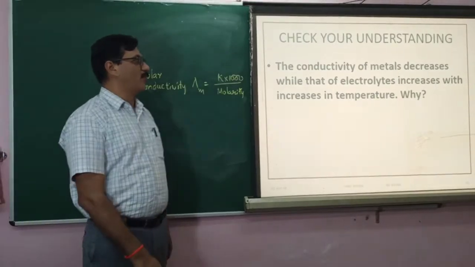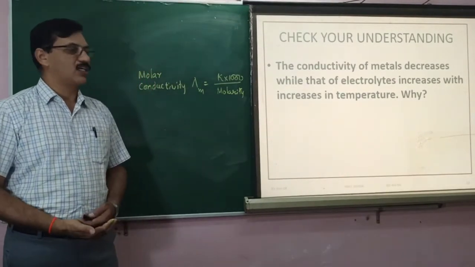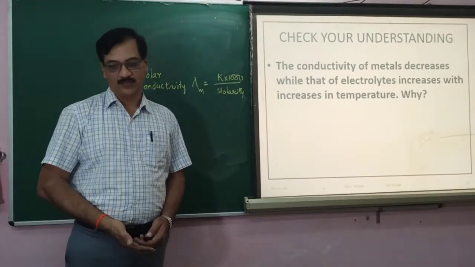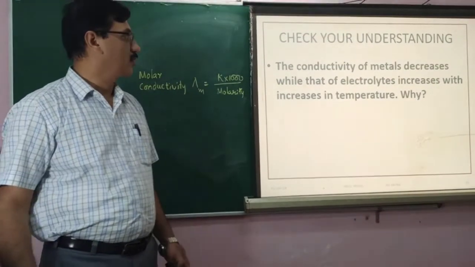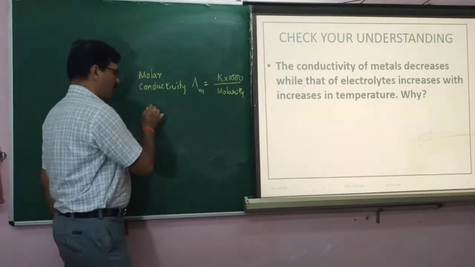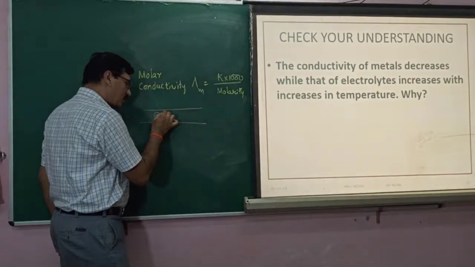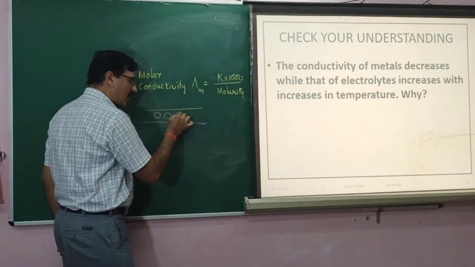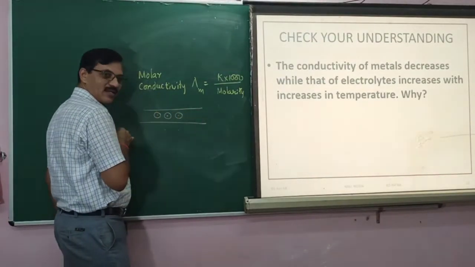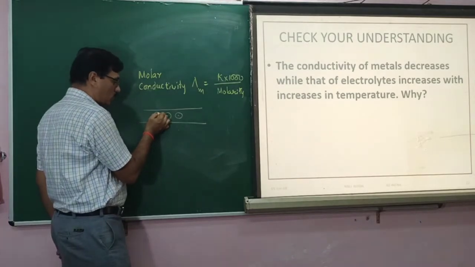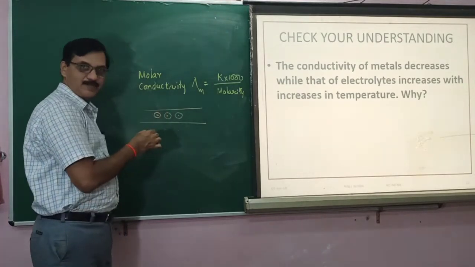The conductivity of metals decreases while that of the electrolyte increases with the increase in temperature. Why? It is because when you are conducting through the metal, there will be a set of positively charged species, I mean some set of electrons which are strongly held to the nucleus together, called kernels.